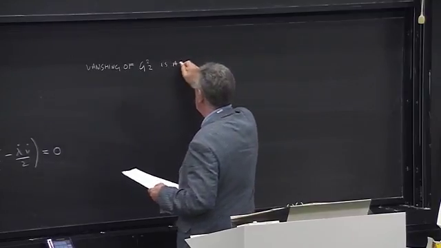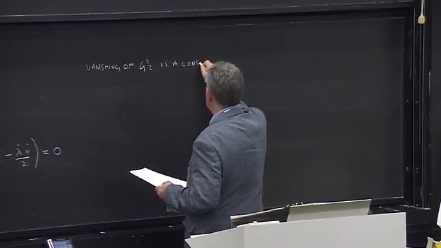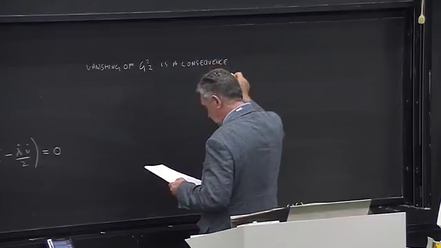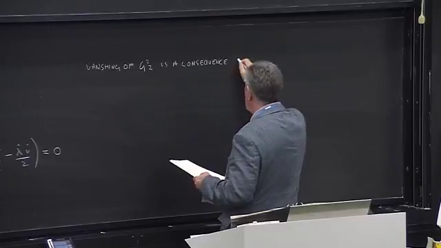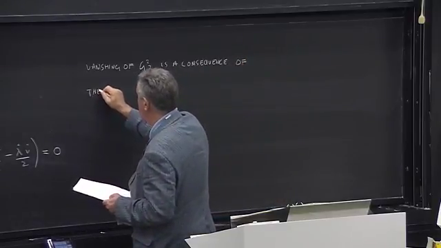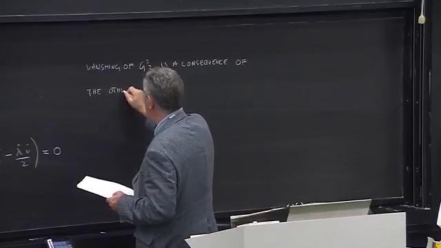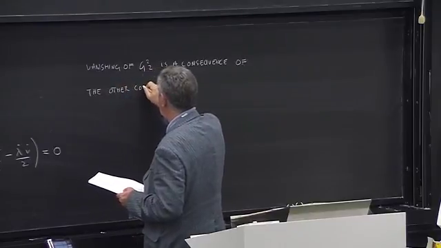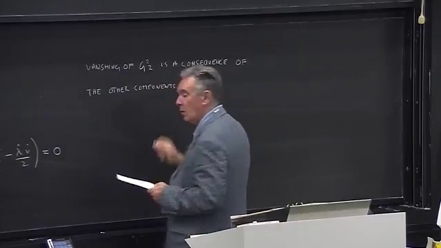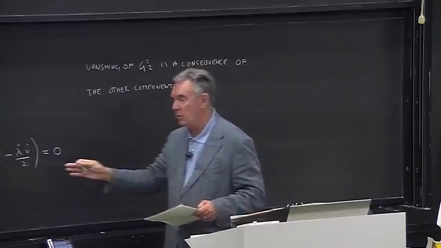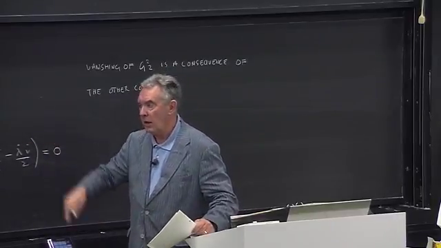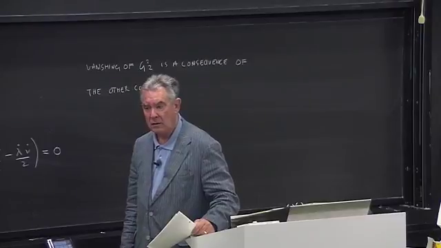It's a consequence of the Bianchi identity. So it's a true equation, but it's redundant. It tells us nothing new that we didn't already get from equations 1, 2, and 3.